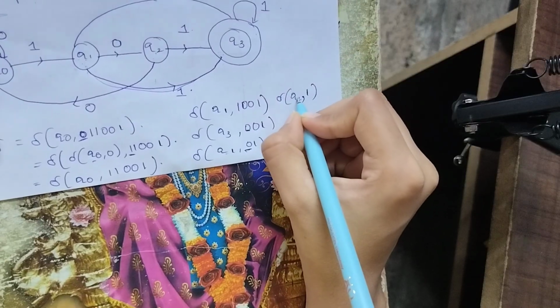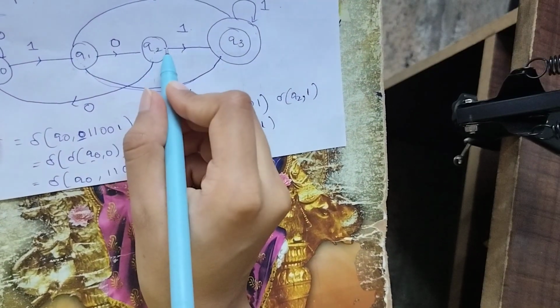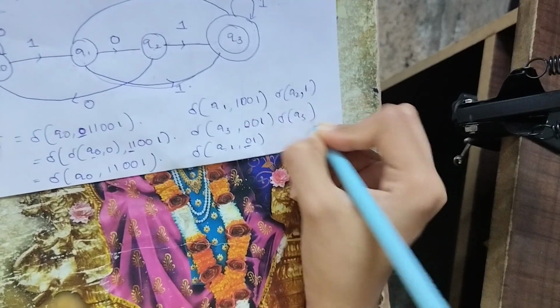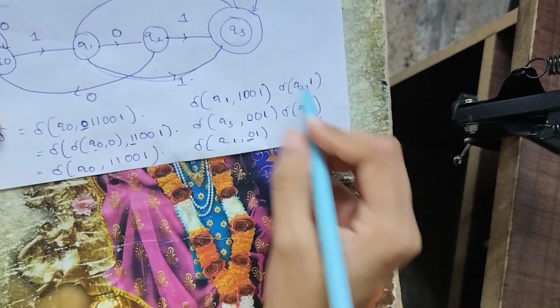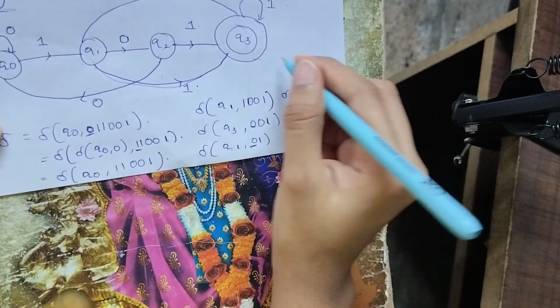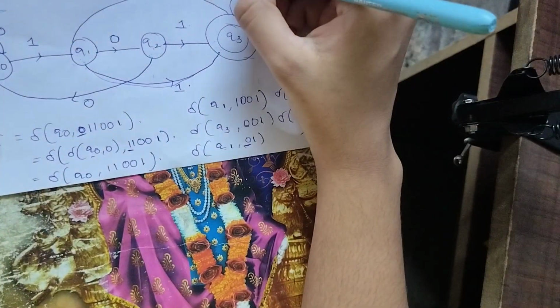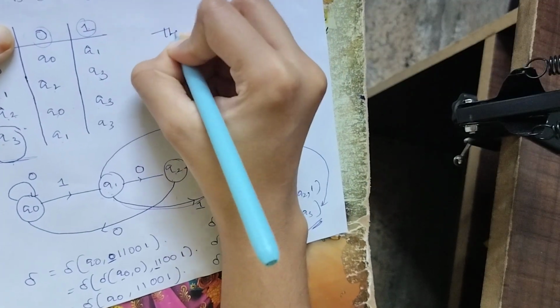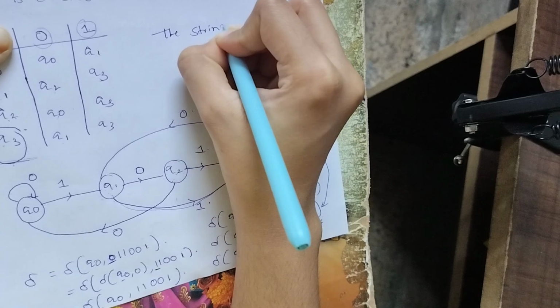From Q2, 1 is going to Q3, so delta of Q3. Hence it stopped in the final state, so the string is accepted.